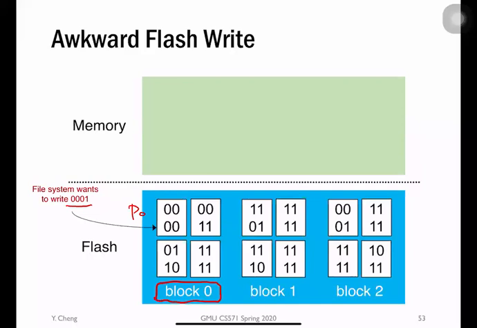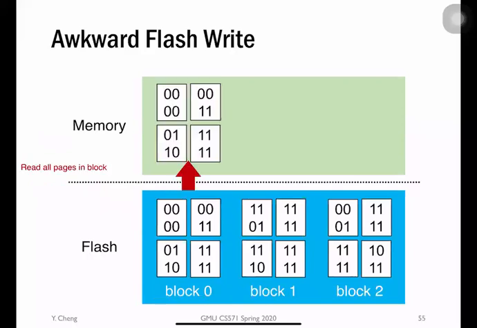Recall that the write protocol is you want to read this whole block out from flash into the memory, right? And then perform the fine-grained update. So the first step, read this whole block out into the memory, which typically consumes a lot of memory, which is not necessary, right?